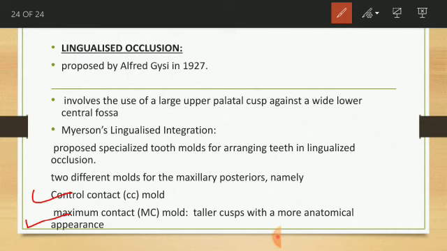As the name suggests, for maximum contact we need taller cusps and more anatomic teeth. Whereas for control contact, the cusps would be shorter and the teeth would not carry as much anatomical appearance. So these are control contact and maximum contact.